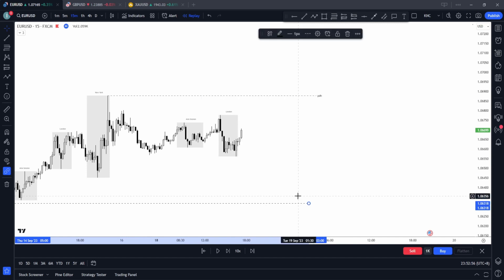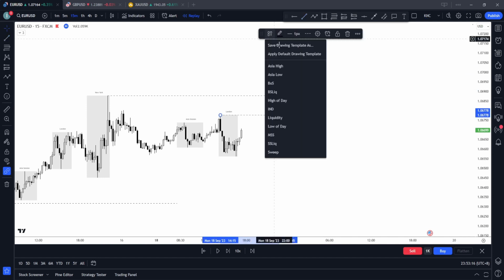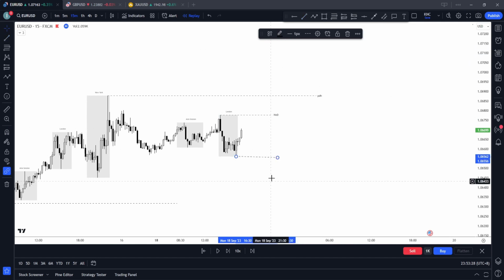This was before the Thursday candle, so I will ignore this since our bias is bullish. Our next step is to mark our initial high of day, and this is our initial low of day.